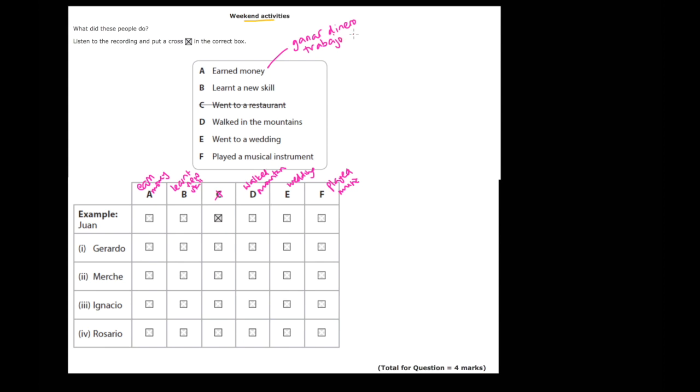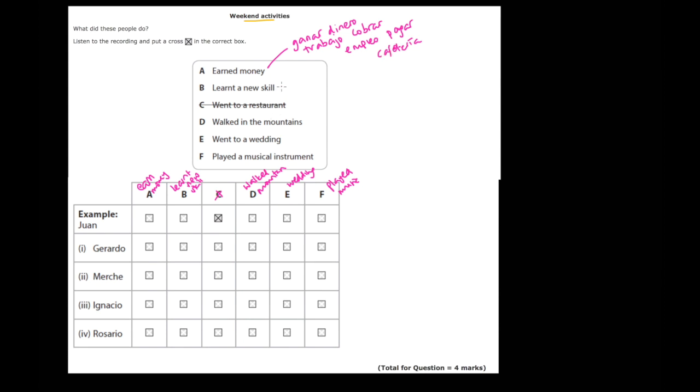I might hear something about cobrar, to get paid, empleo, job. I might hear something about pagar, like, I have to pay bills, tengo que pagar facturas. I could hear something like una cafetería, places where people might work. So try and anticipate this sort of word.